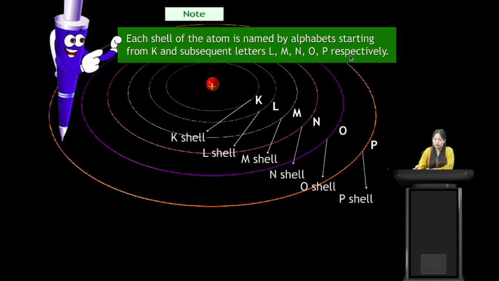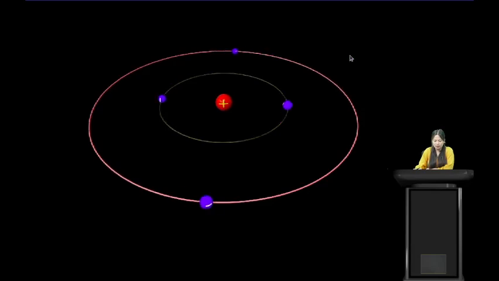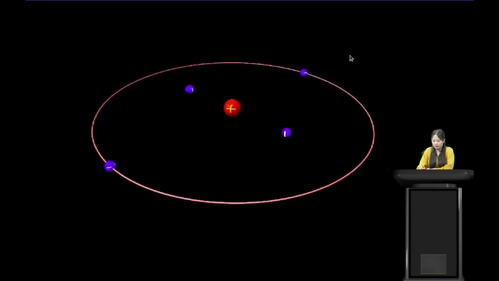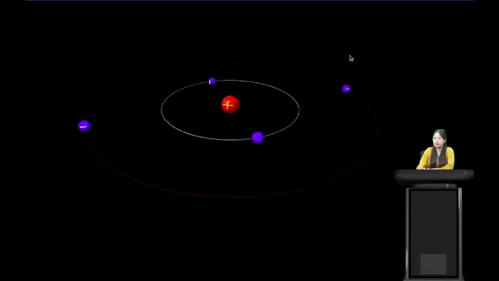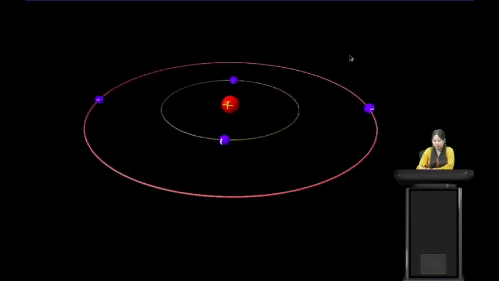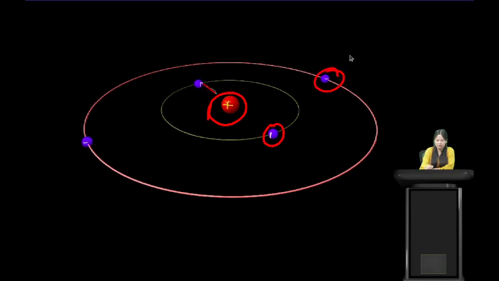It is known as the K shell, L shell, M shell, N shell, O shell, P shell respectively. This is Bohr's atomic model. We have the nucleus and the electrons revolving around the nucleus in an orbit or shell known as the K, L, M, N, O, P shell.